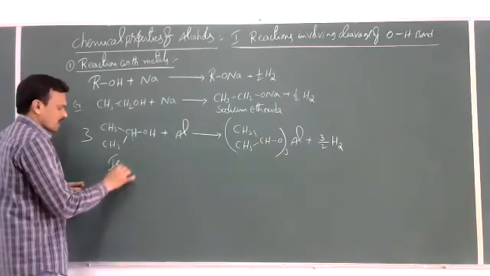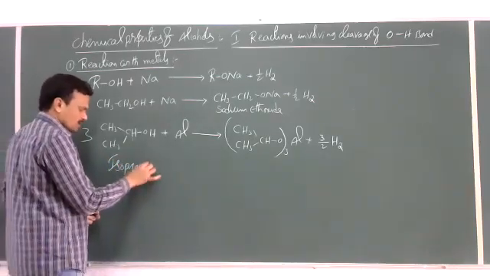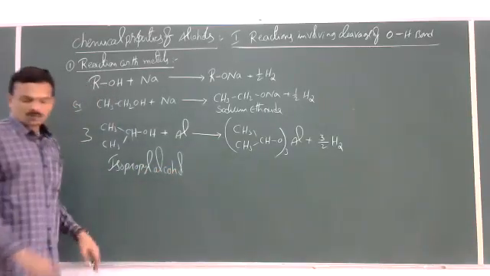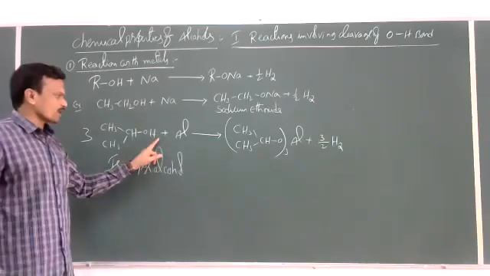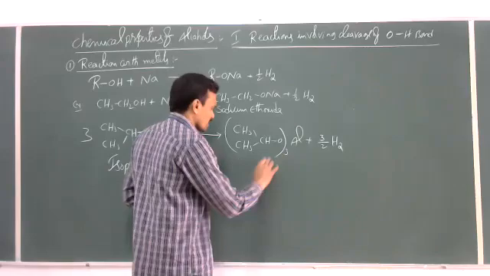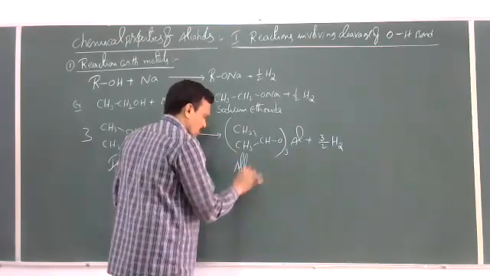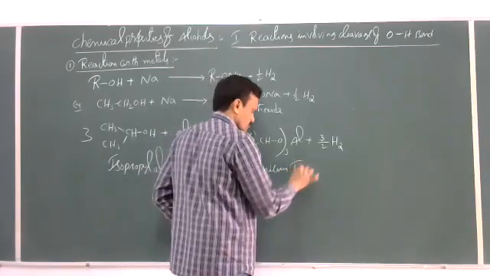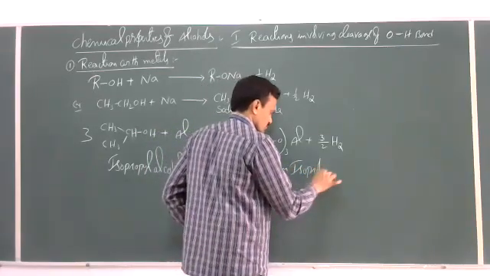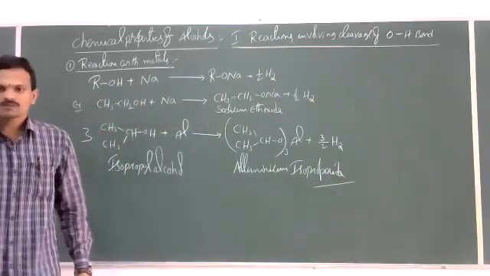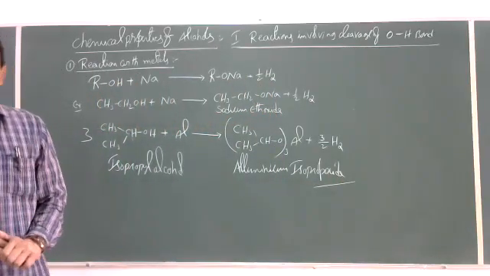This isopropyl alcohol on reaction with aluminum displaces hydrogen gas, and we can get aluminum isopropoxide. The product formed here is aluminum isopropoxide.